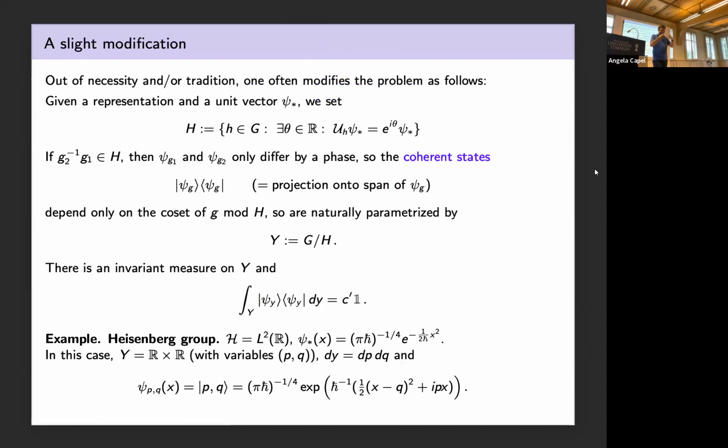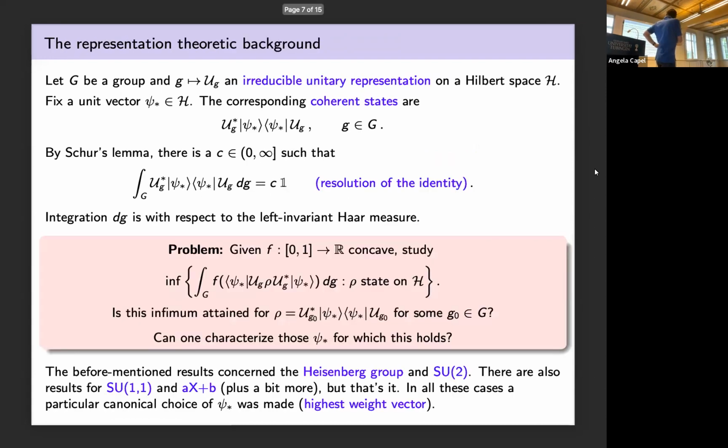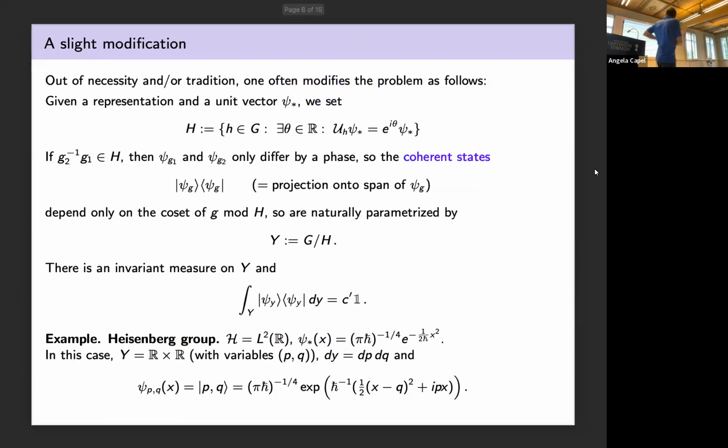But now this additional parameter just changes a phase, and that's not relevant for the problem because everything is anyway only defined up to the phase. And so therefore the coherent states, the way I wrote it here parameterized by G, really should be parameterized by a certain closed space where you mod out things that are irrelevant to the problem. It's similar in the SU2 case: SU2 has 3 parameters, whereas the sphere has only 2 parameters.